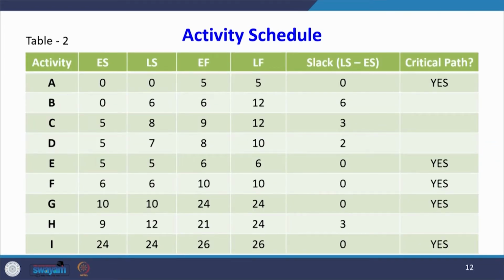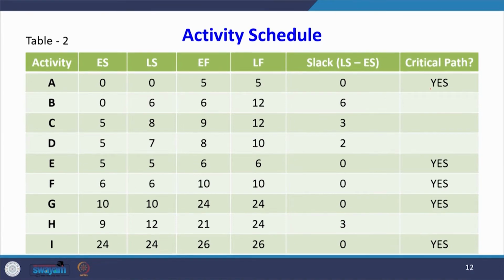So, with the help of the previous network problem and by using forward and backward pass, I have found the earliest start time, latest start time, earliest finish time and latest finish time. So, what is the slack? Latest start time minus earliest start time: 0, 6, 3, 2, 0, 0, 0, 3, 0. Wherever the slack is 0, that path is the critical path.